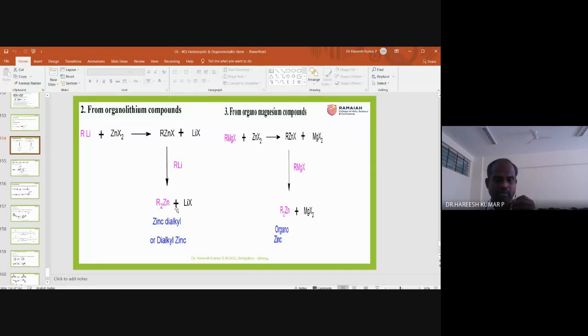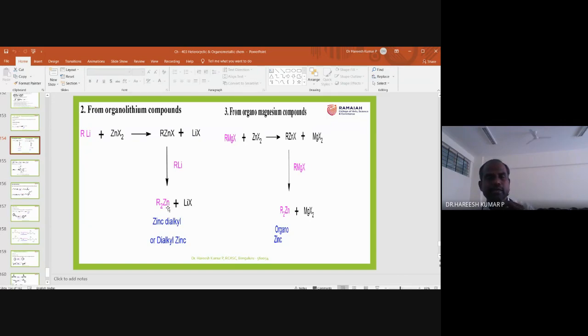You need to remember the reagent R2Zn, which we can also write as RZnR. Zinc is bonded to two R groups. That you have to remember.